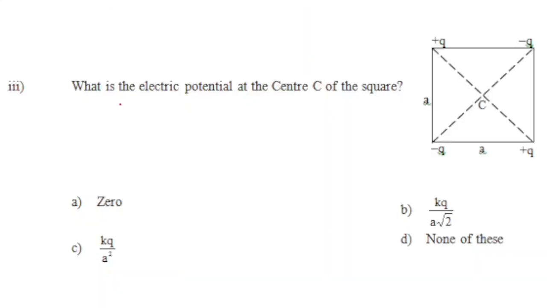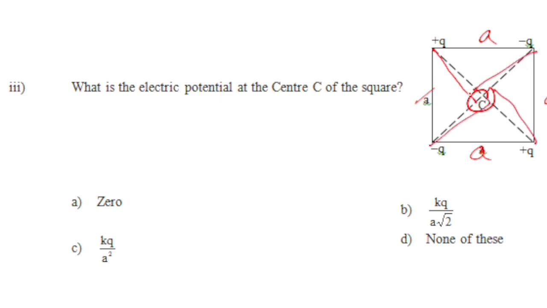Now question number 3 is, what is the electric potential at the center C of the square? This is a square of side A. Now you have to find electrostatic potential at this point C, at the center of this square. So first you find the distance of the charge to this point. The distances from this plus Q charge, minus Q charge, plus Q charge and this minus Q charge are all the same.